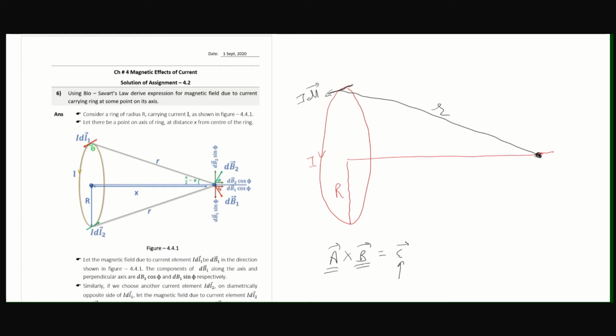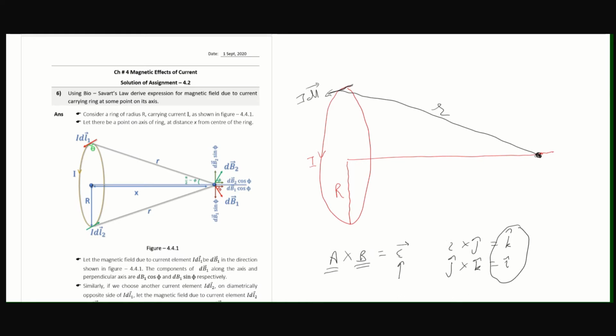C will not be on the same plane as that of A and B. Examples are i cross j. What is i cross j? k. j cross k, what is it? i. So the resultant in case of cross product is always perpendicular to the two component vectors.